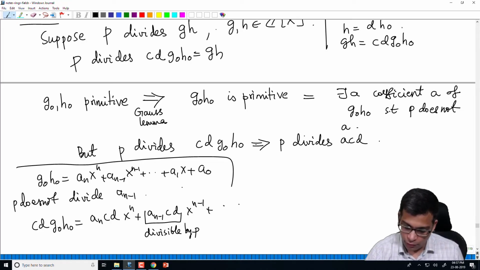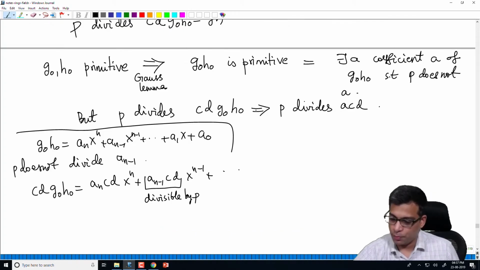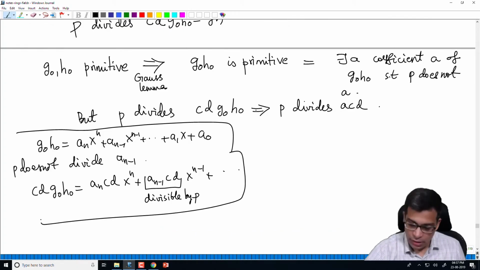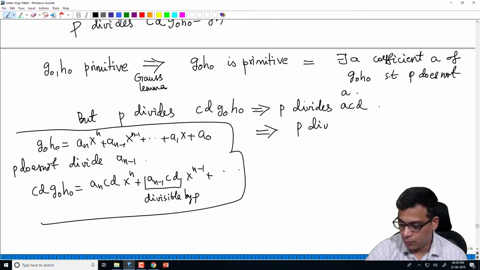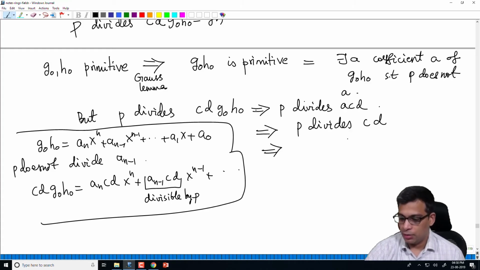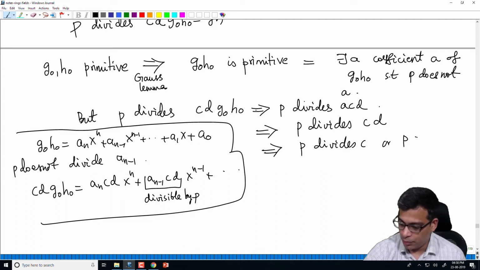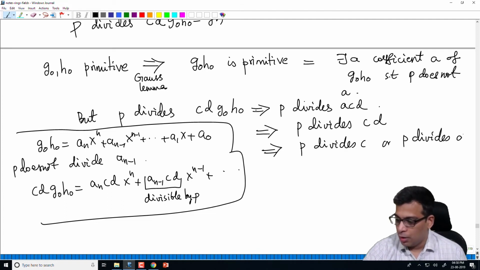So the coefficients of c d g0 h0 include c d a_(n-1). So p divides a c d, but p is a prime number that does not divide a, so p divides c d. That means, p again being a prime number, p divides c or p divides d.